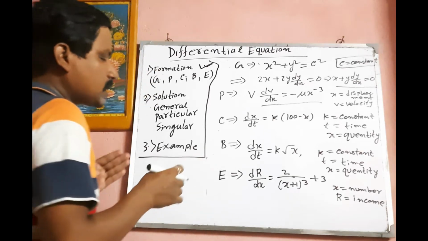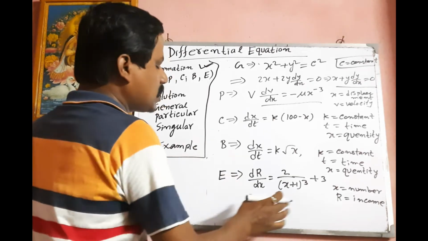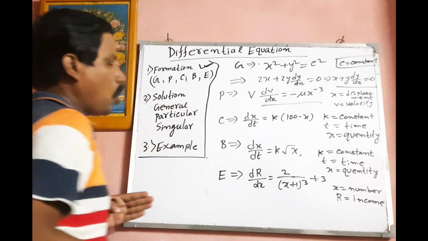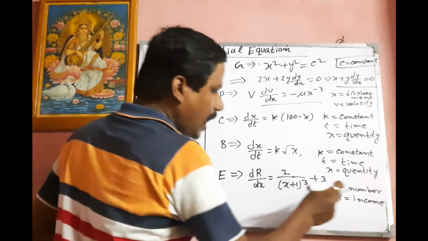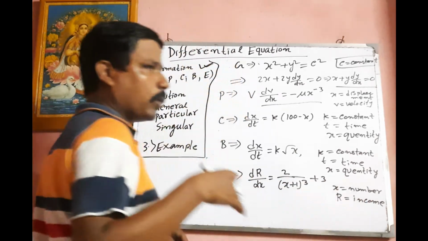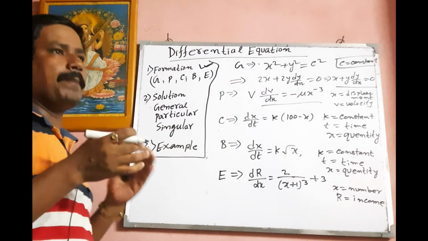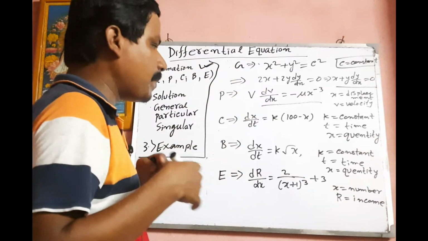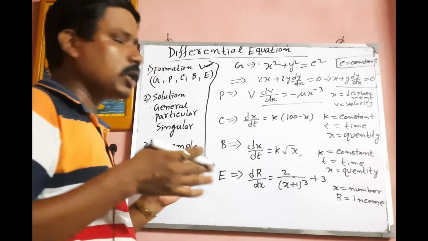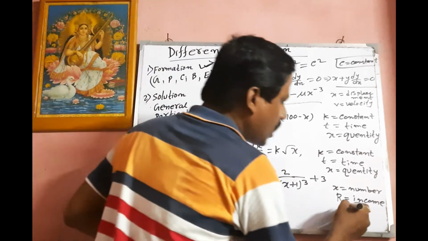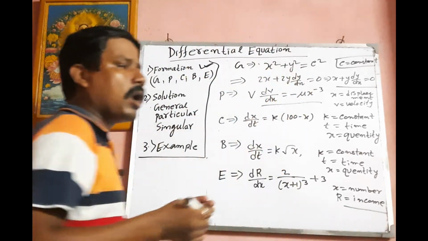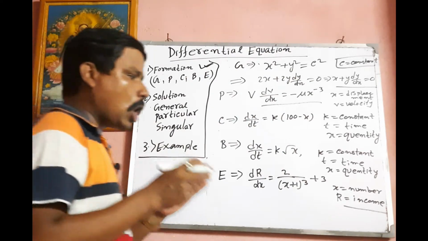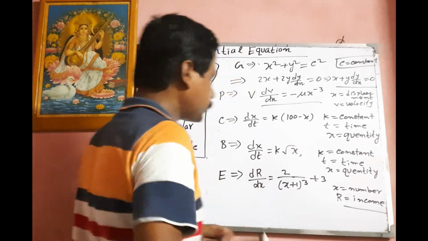And now the economics or economical differential equation will be of this type, when x is a number of workers, number of laborers, number of something dealing with economics, and r is the total revenue or total income.